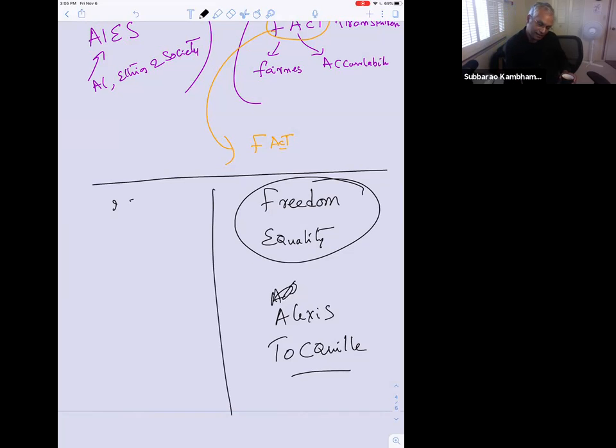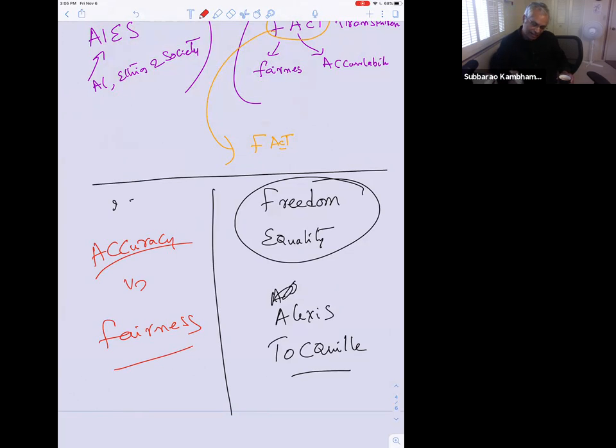The reason I bring that up is accuracy versus fairness. Those are also orthogonal dimensions.